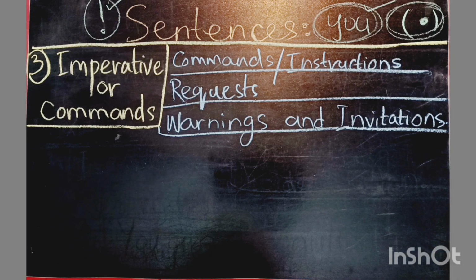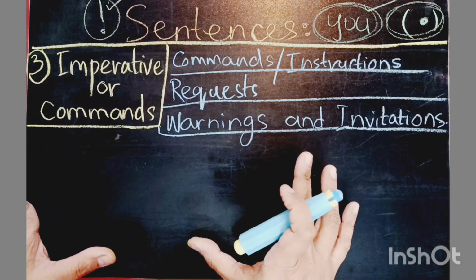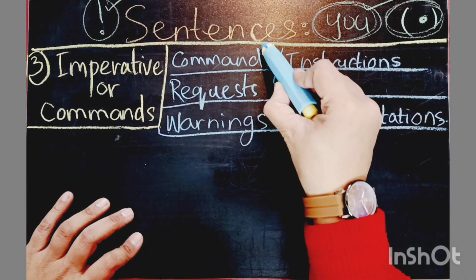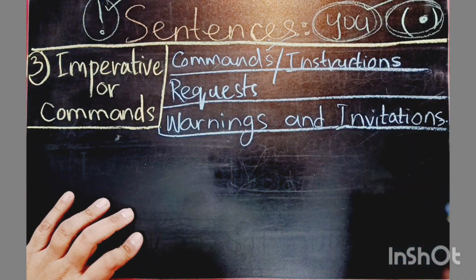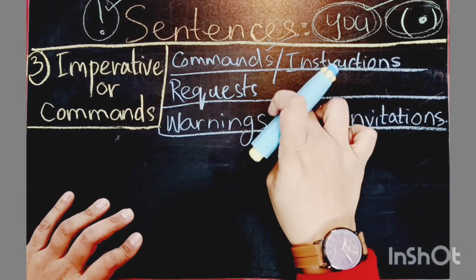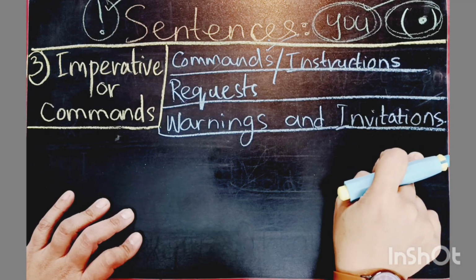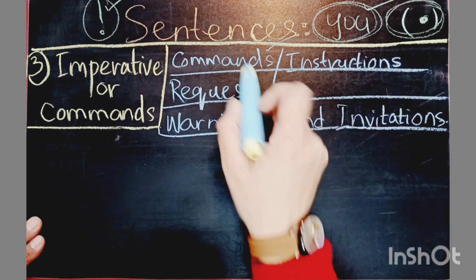Okay, so let us do some examples of these four types of imperative or command sentences. Okay, first we will do the command and instructions. All right, then we will do the requests and warning and then invitations. Okay, so let us do it with the commands.